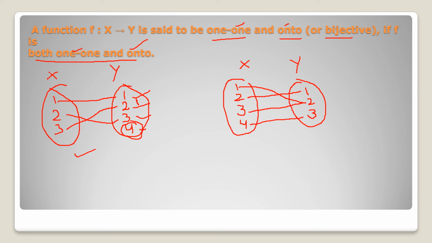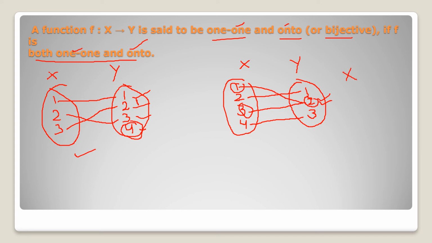Now let us check about this. We will check about 1-1. So each element must have distinct image. So 1 has image 2, 2 has image 1, 3 has image 2. It means 1 and 2 both have same images. 1 and 3 both have same image, and that is 2. So this function is not 1-1.